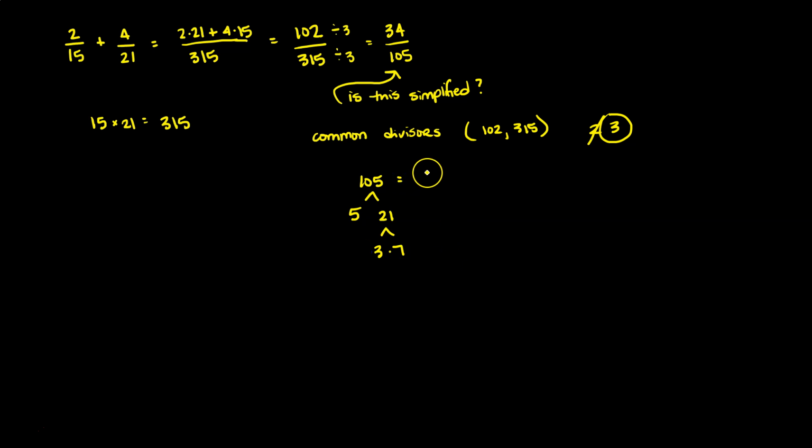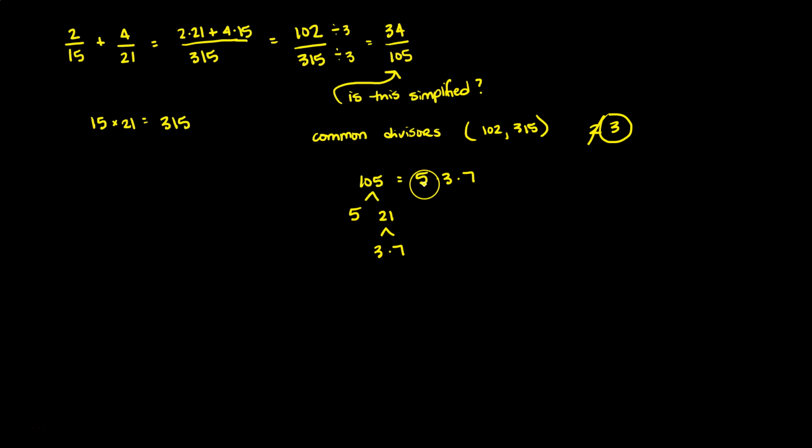Since I can quickly find the divisors of 105, my recommendation is check to see if 34 is divisible by 5 or 3 or 7. If it is, then we found another common divisor. If 34 is not divisible by any of these, then we know that we're in simplified form.